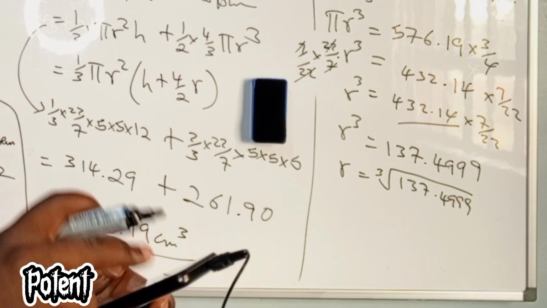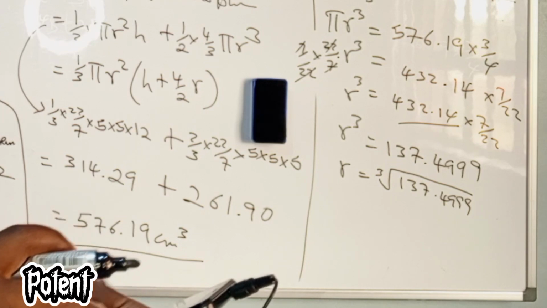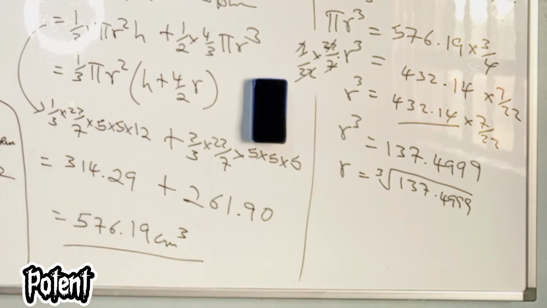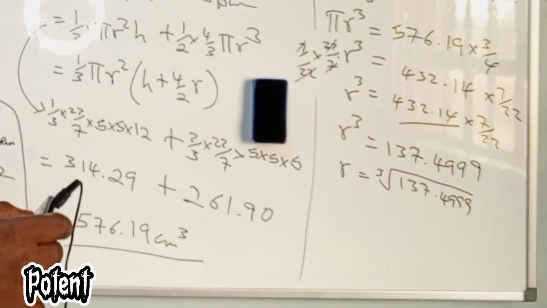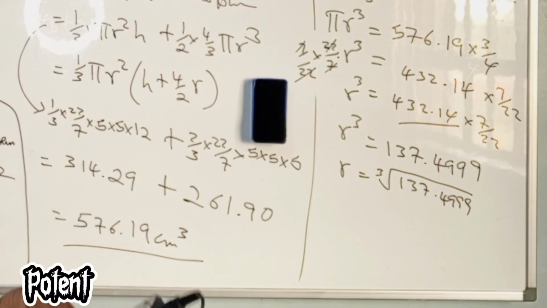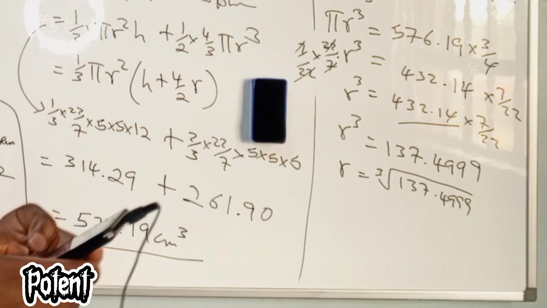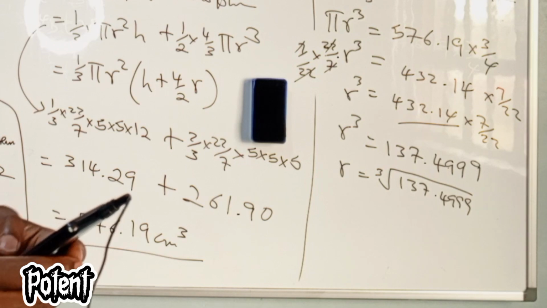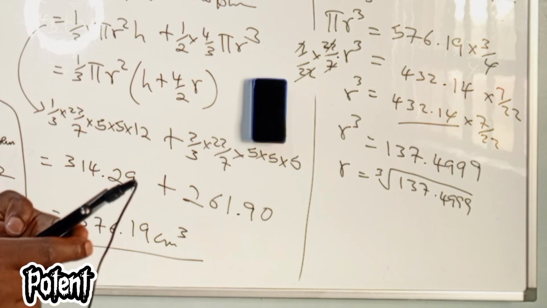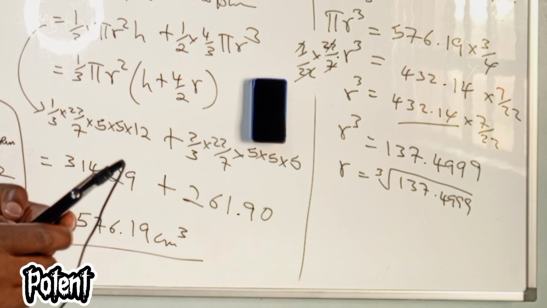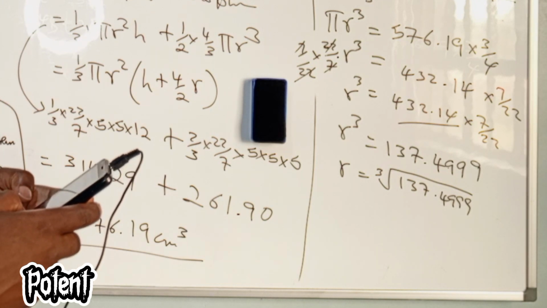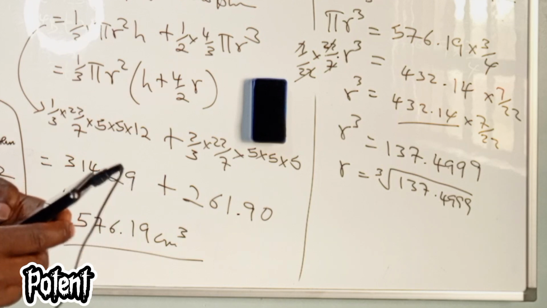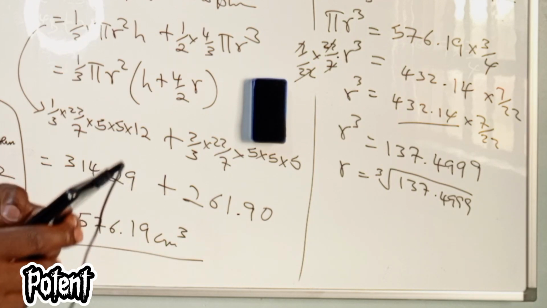My calculator does not have that cube root. The cube root of 137.4999.